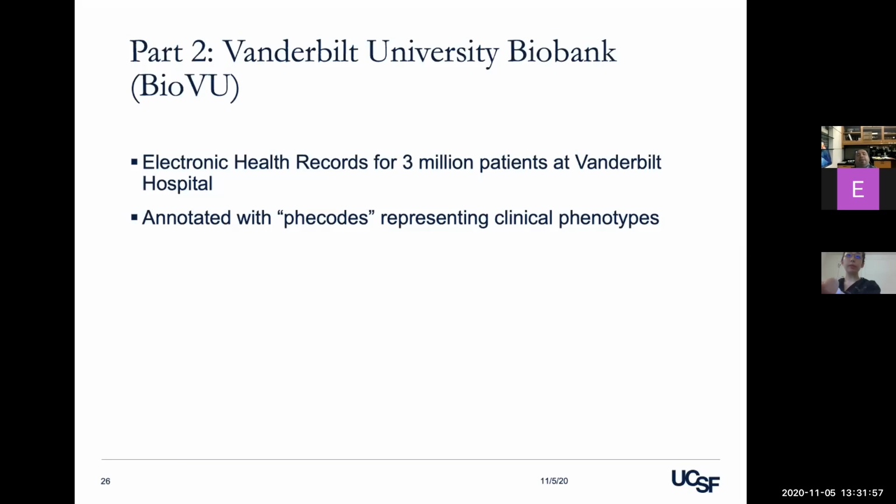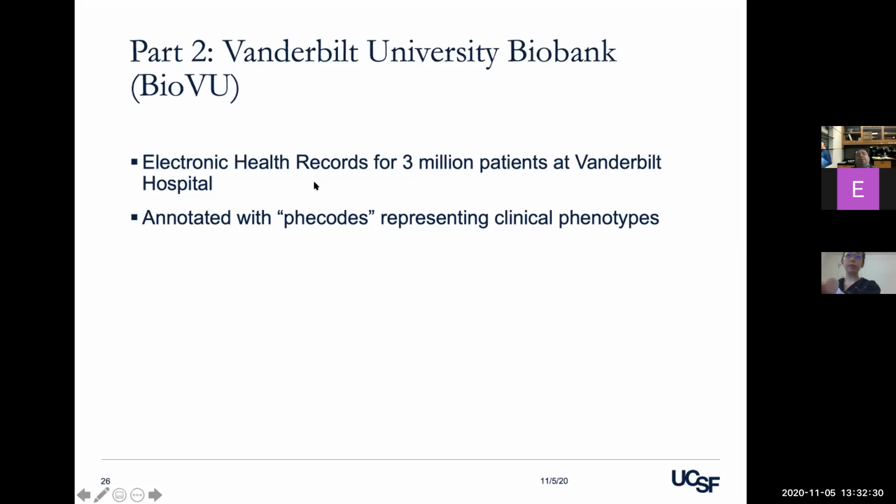At Vanderbilt University, there is a hospital, and attached to this hospital is a biobank. They have a sort of opt-out system where every patient in the hospital is intended to get their genetic sequence. Right now there are 3 million patients, and so far about 48,000 people have gotten their genetic sequences.